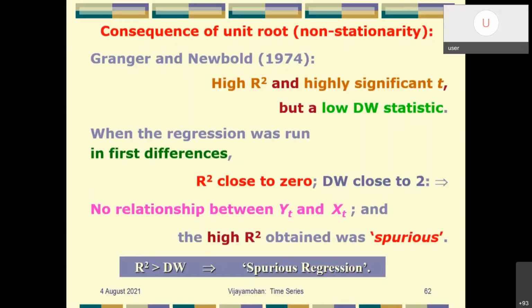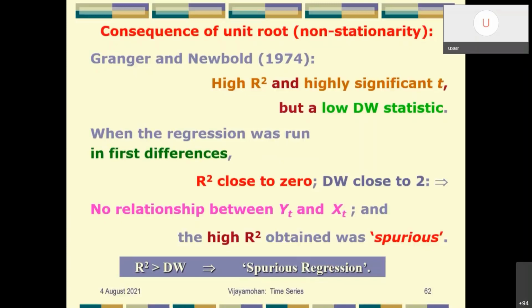Then only we will get a valid regression. So this is the case of the spurious regression I told you earlier. You remember the last day I told you about the spurious regression. So remember this particular suggestion by Granger and Newbold. That is, whenever R squared is greater than DW, the equation is spurious.